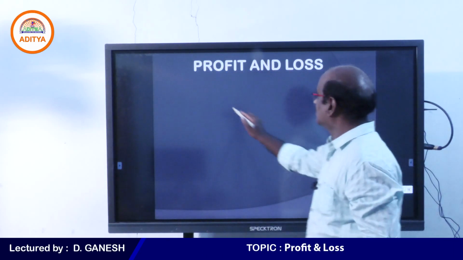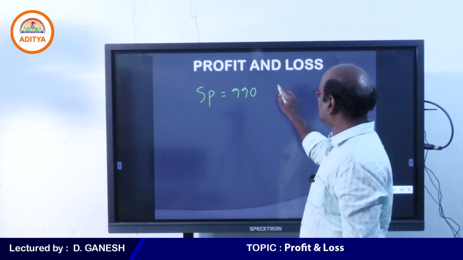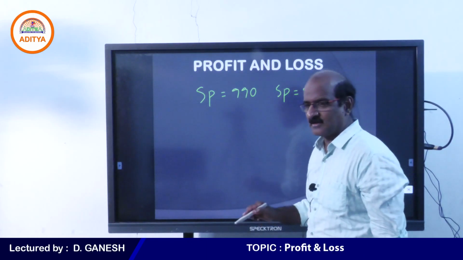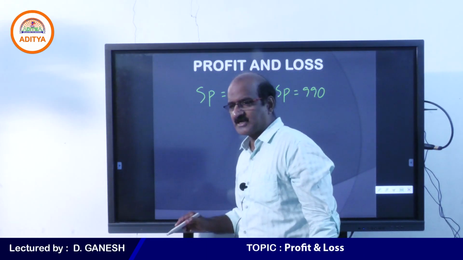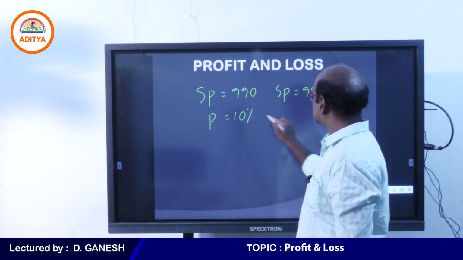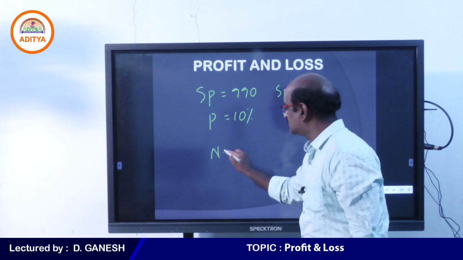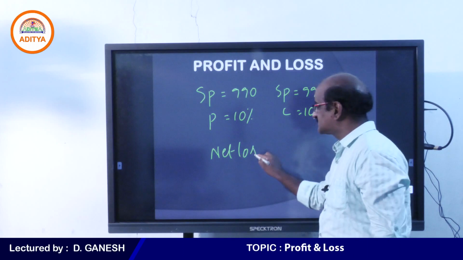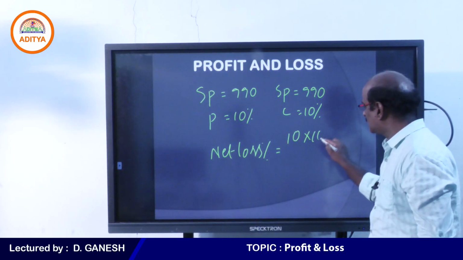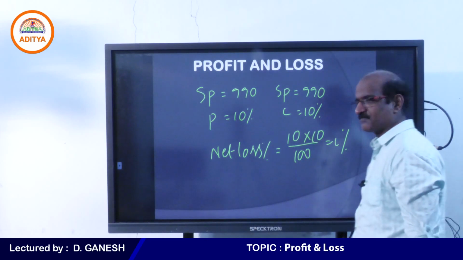For example, if both the items are sold for 990, I hope you understand this, and the profit percent and loss percent are also the same, there is always a loss. The net loss percent is equal to profit percent times loss percent by 100, which is 1%.